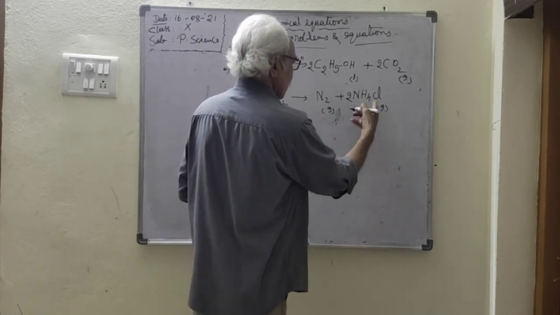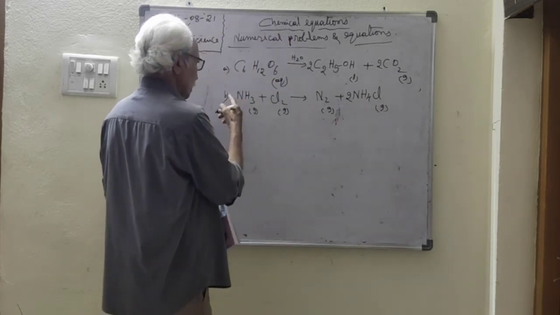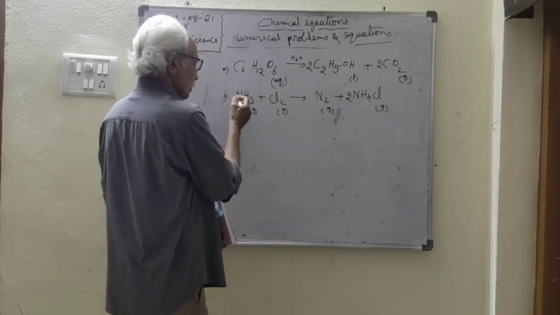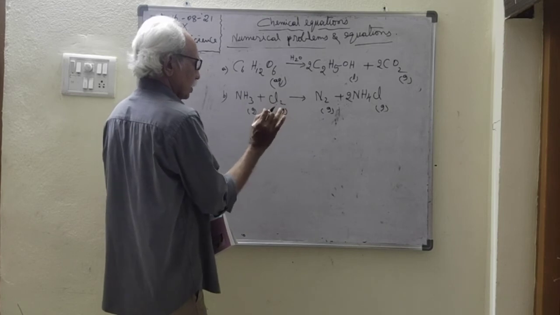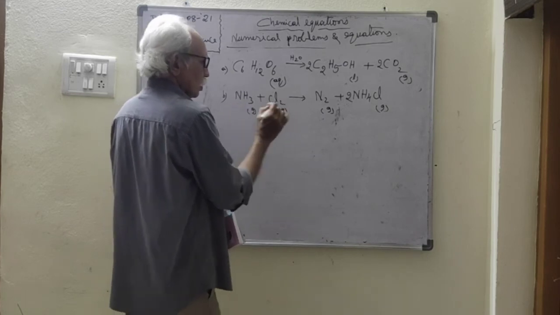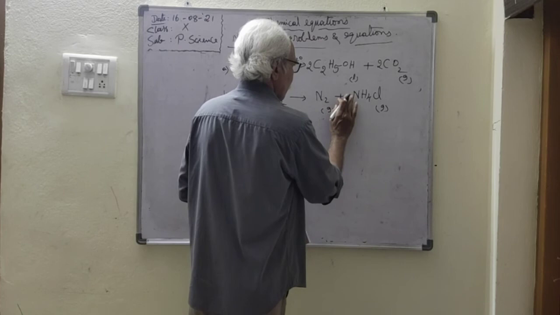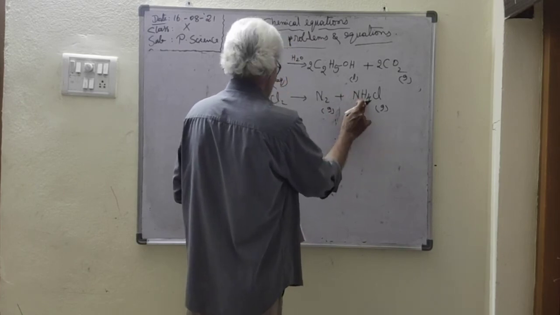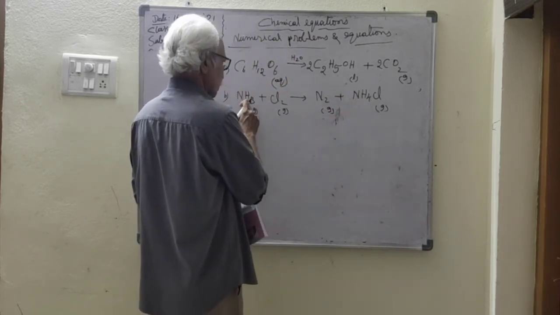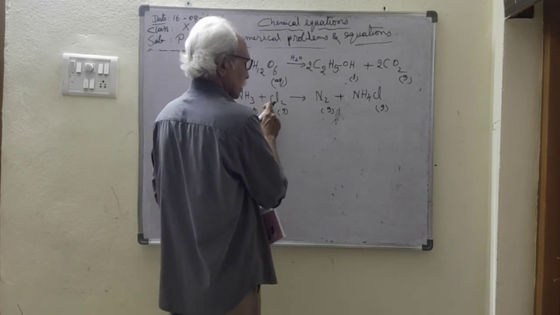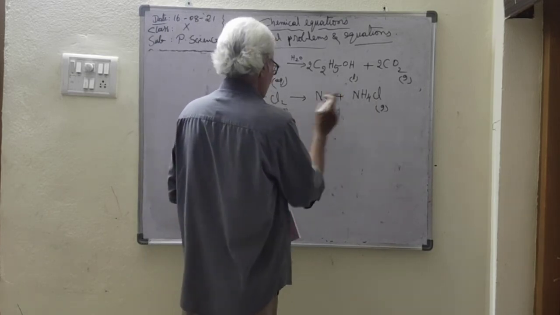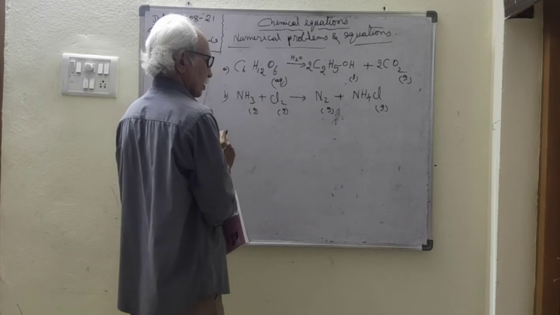But what about hydrogen 8? Here hydrogen is 3. If you multiply 3 by 2, it is 6. Not balancing. Okay, so if you multiply with 3, 3 fours are 12, 4 threes are 12. So hydrogen is balanced. Then what about chlorine? 3, here it is 2, not balanced, unequal number.